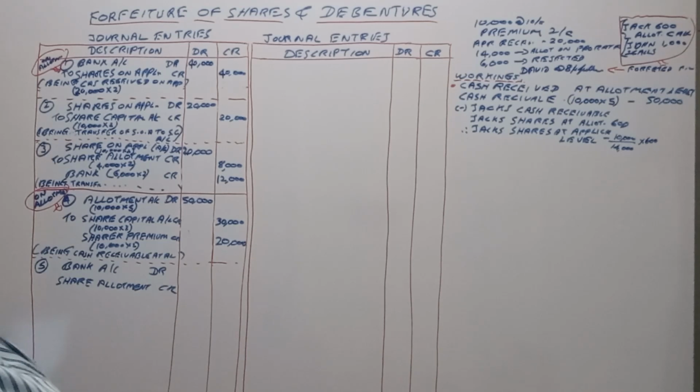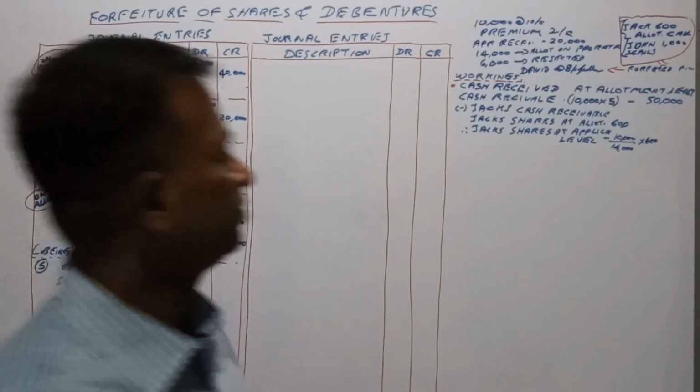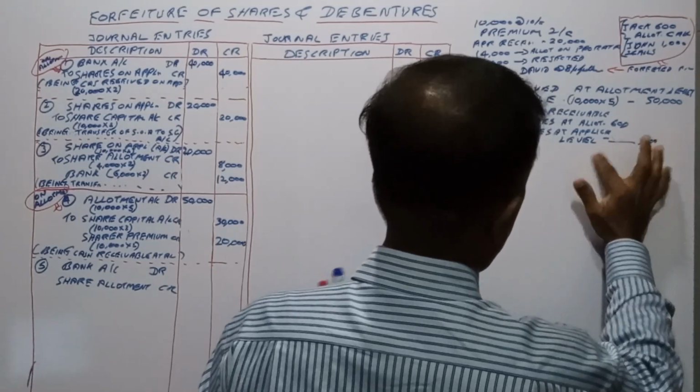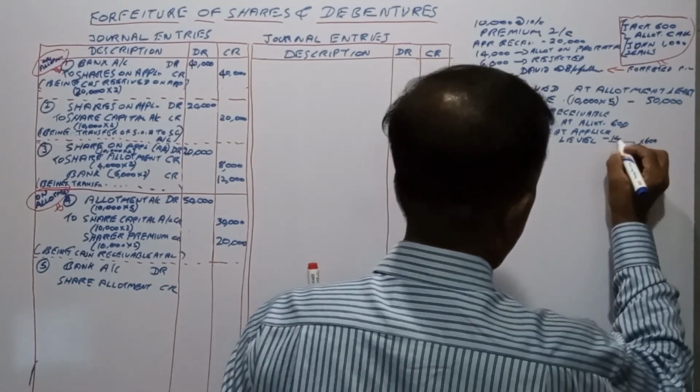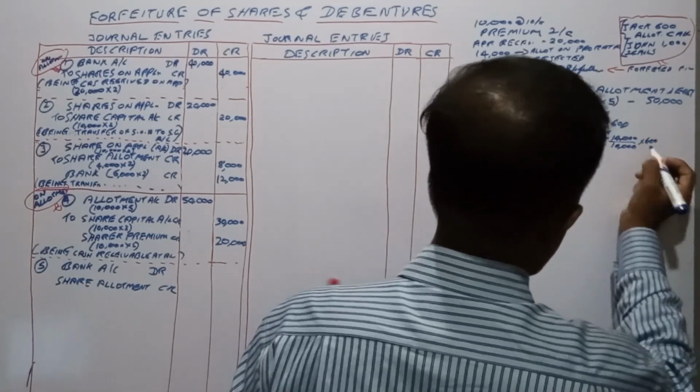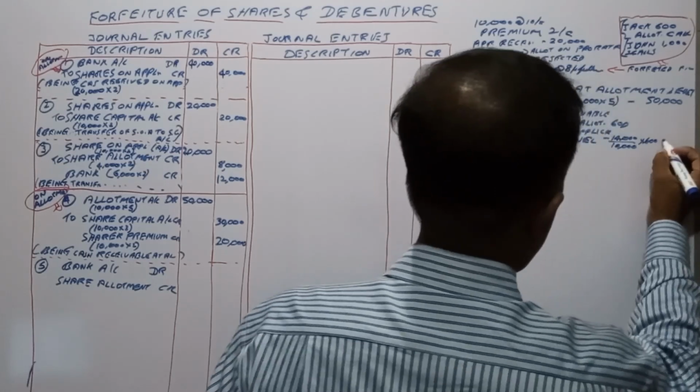Sorry, 14,000 divided by 10,000 into 600, right?